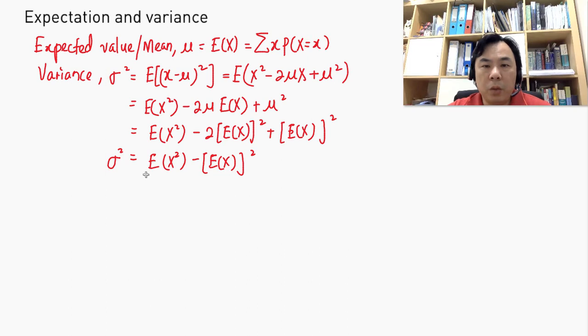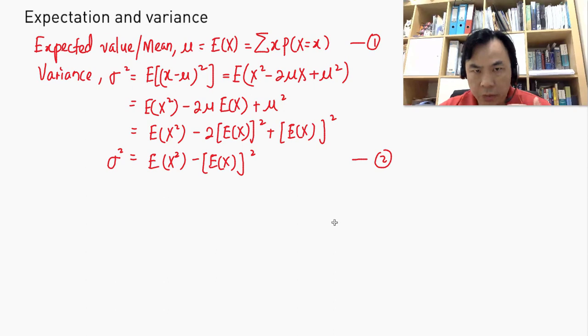Right. So we're going to make use of this equation, and these two definitions also, to work out a relationship between the probability generating functions and the mean and the variance itself. Now let's take a look at what the relationship is here.